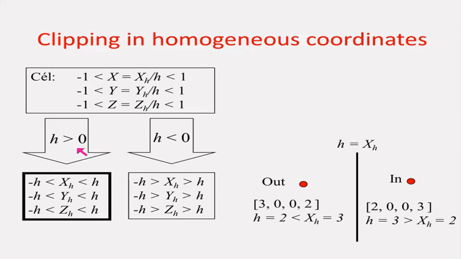So h is indeed positive. In 3D, h greater than 0 corresponds to the requirement that the volume must be in front of the eye or the camera, so we can accept this extra requirement in 3 dimensions as well.